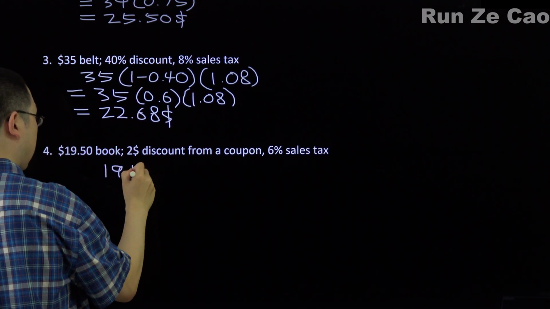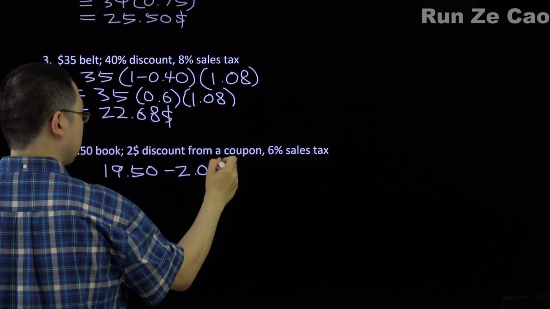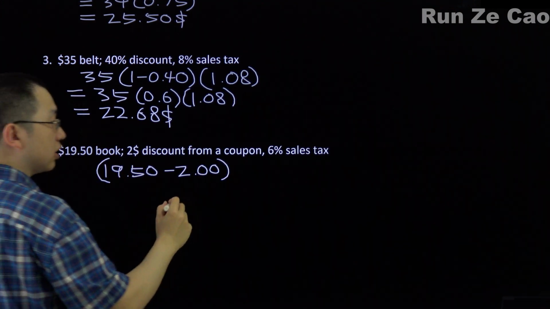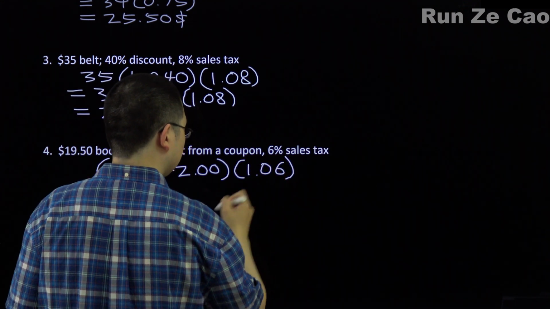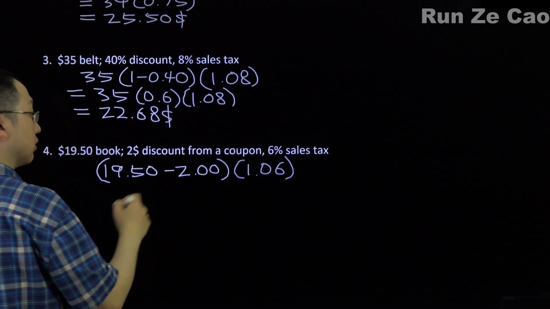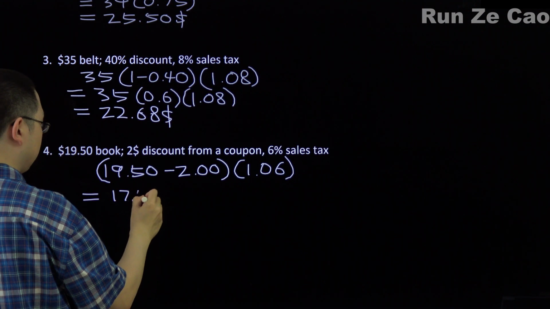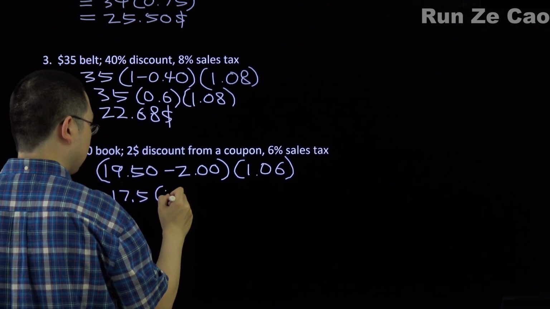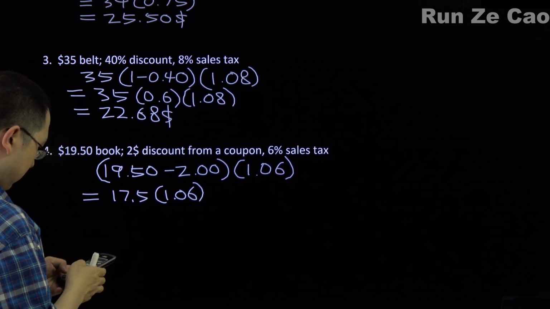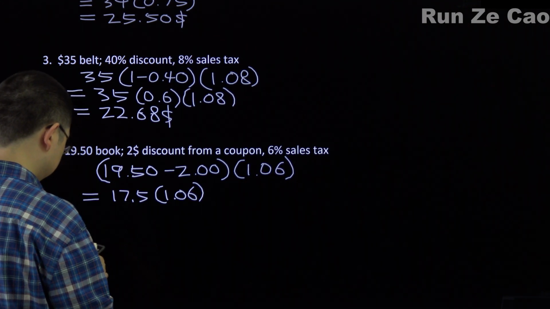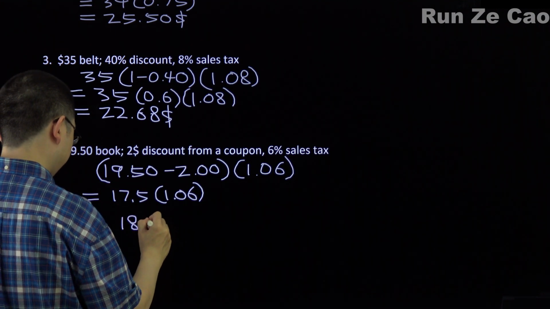So 19.50 minus $2, and then you multiply by 1.06 for the 6% sales tax. So you're looking at 17.5 times 1.06, which is 18.55.